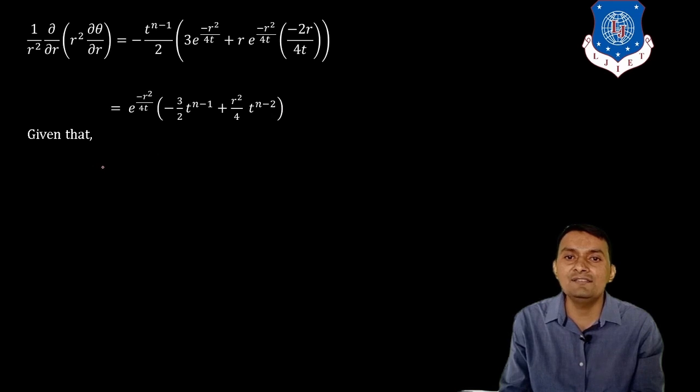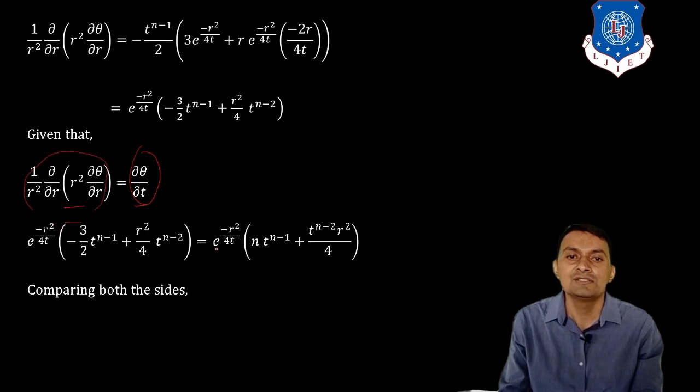But the given condition says both are the same, so I put the right hand side here and the left hand side there. Whenever it is compared, it is clear that this is going to be cancelled out, this is also going to be cancelled out, and this is also going to be eliminated. So what we are going to get is n is equal to minus 3 by 2. That is what we want, and that is the final answer.